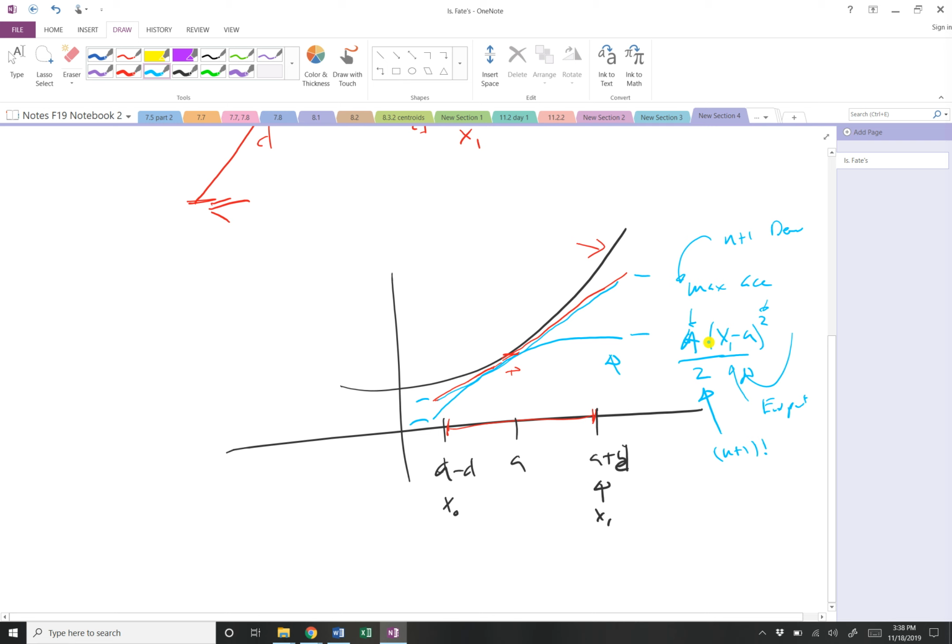Then this is the furthest we could be off, and it comes again from thinking about worst case scenarios. What's the worst case we could come from?